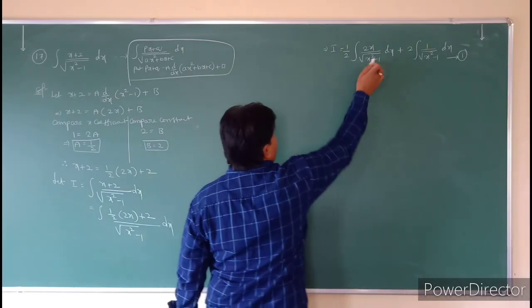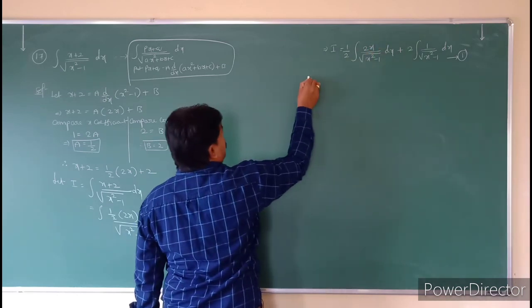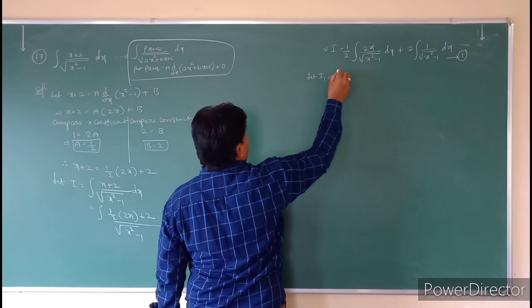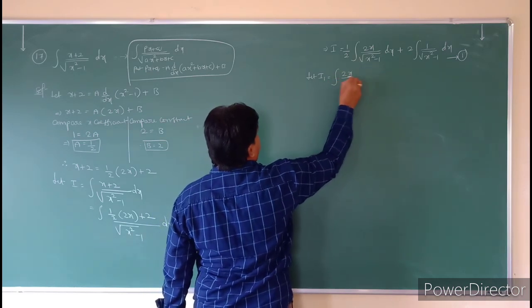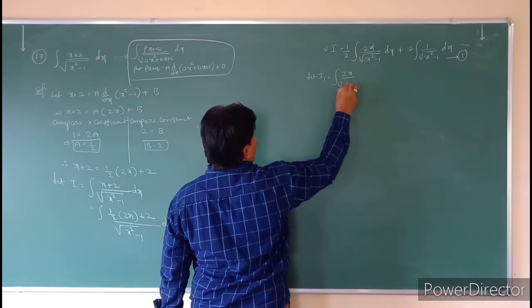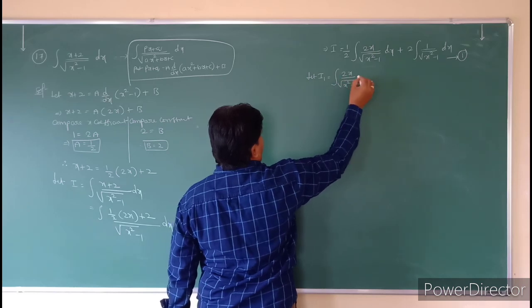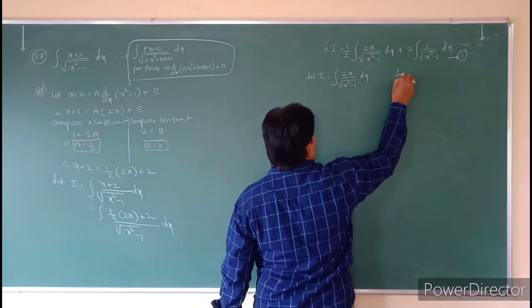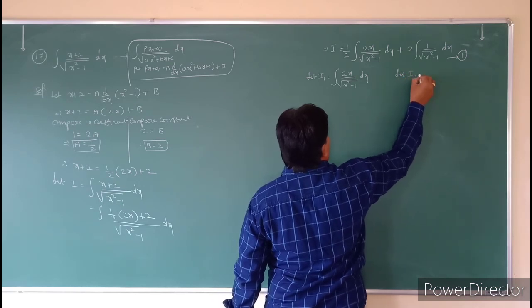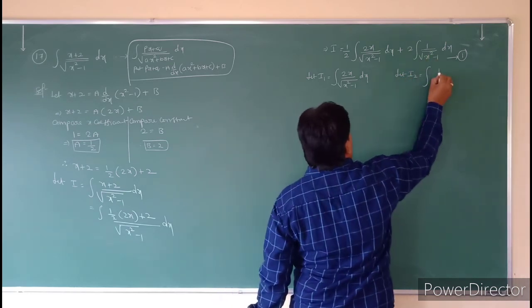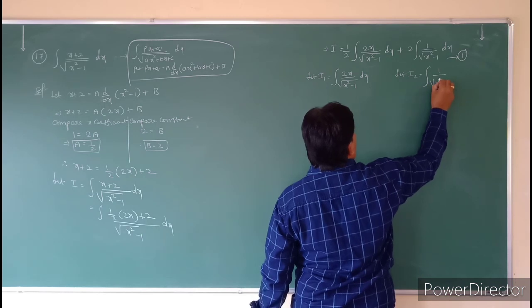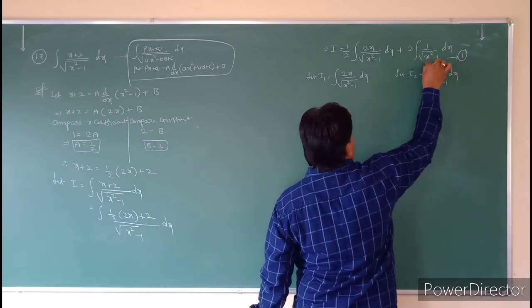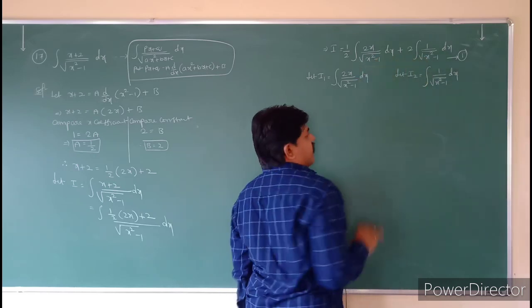In this equation, this part I will take as I1. Let I1 be equal to the integral of 2x by root of x square minus 1 into dx, and let I2 be equal to the integral of 1 by root of x square minus 1 into dx. So this is I2 and this is I1.